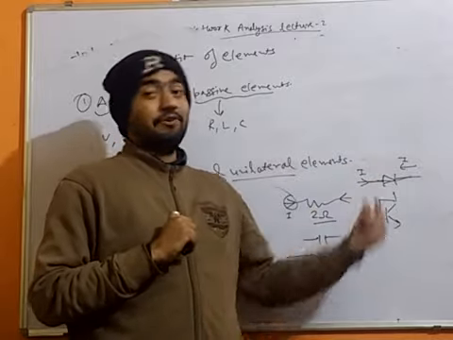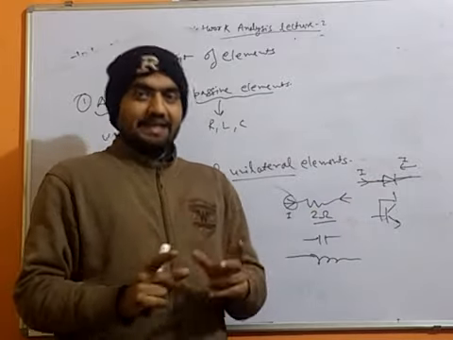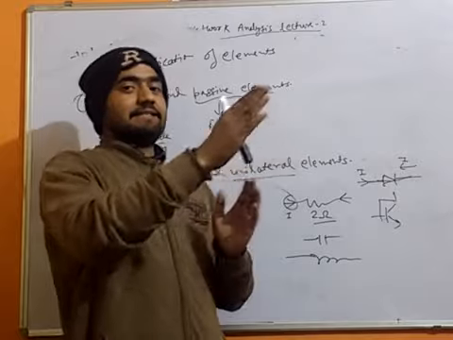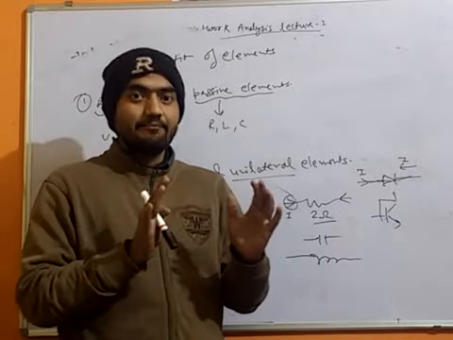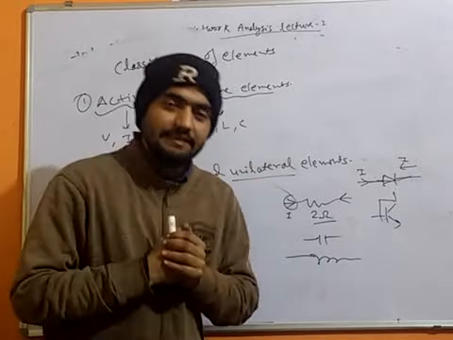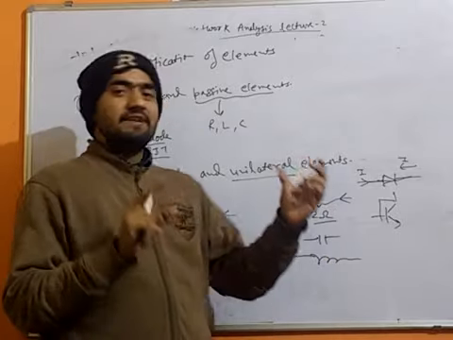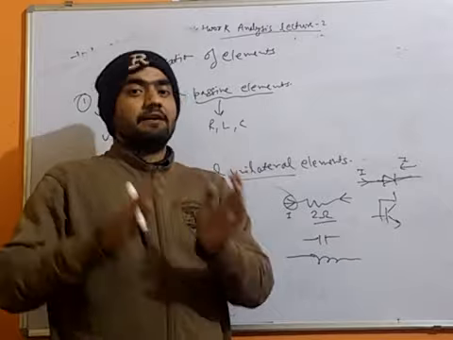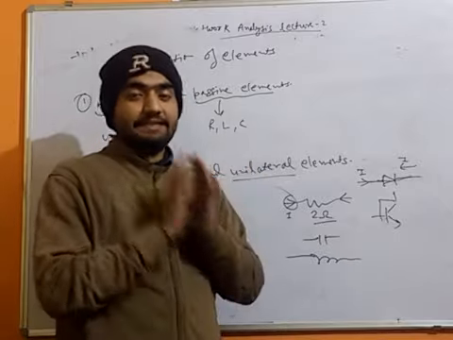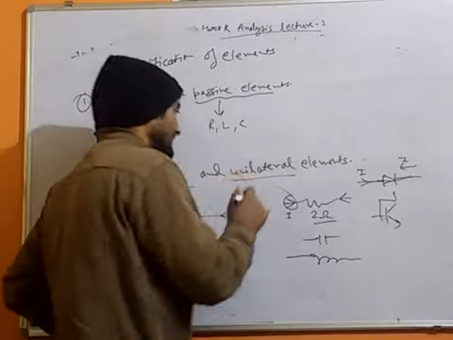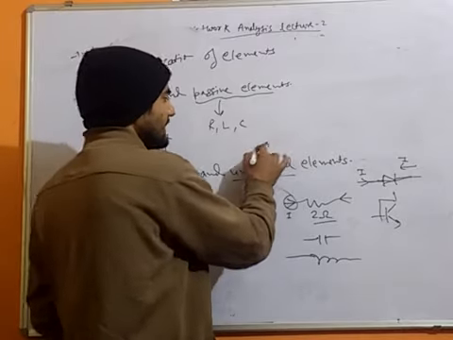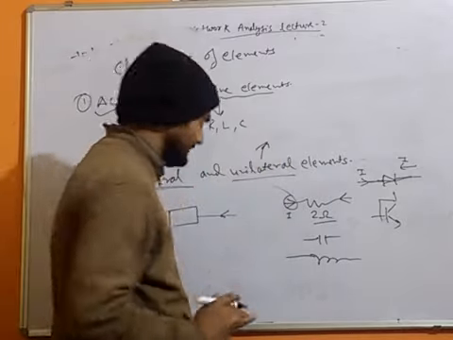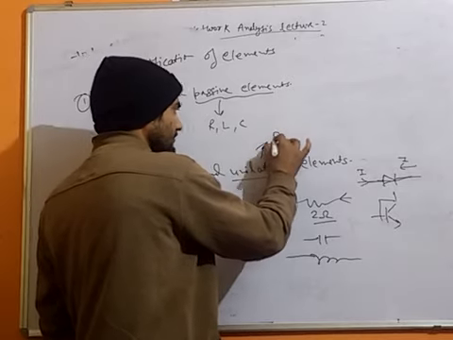So this diode is unilateral, means in a single direction it has one property, and from the other direction it has a different property. If there is a different property as per the given direction of the current, then that will be called a unilateral element. And in this category all the semiconductor devices will lie, like diode, of course.